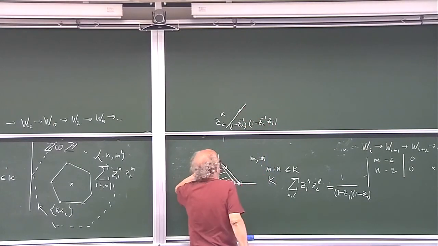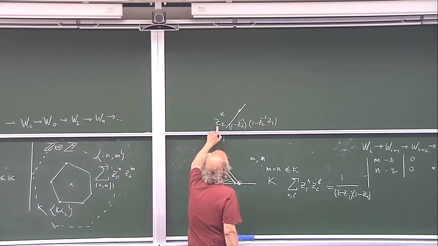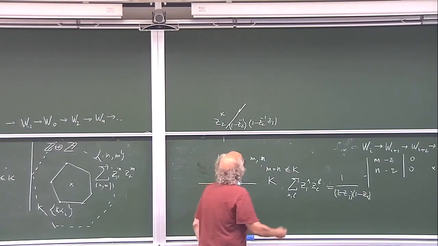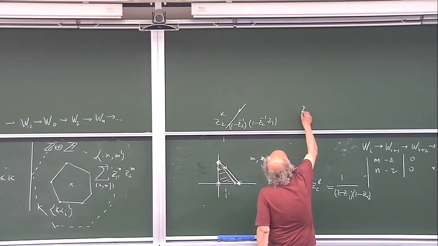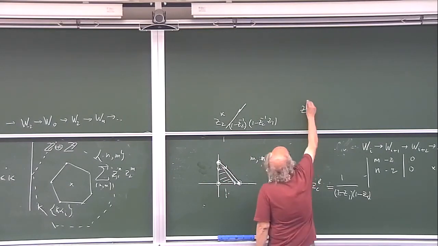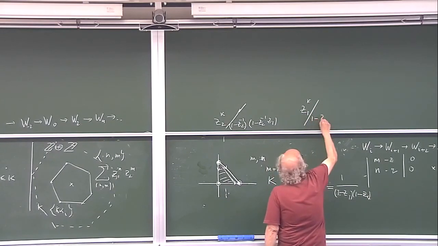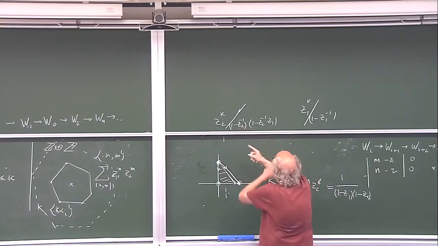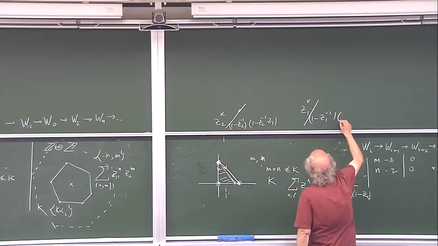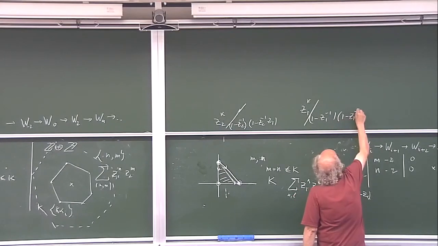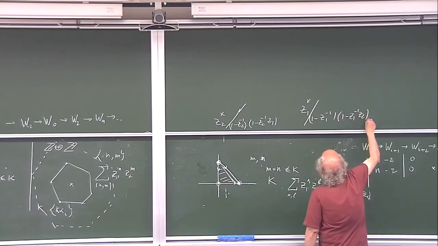Yes, and this is what he is saying. This other guy is saying that it will be z1 to the power k, and here it is 1 minus z1 inverse. We have to replace z1 and z2 here: it will be 1 minus z1 inverse and z2, like this.